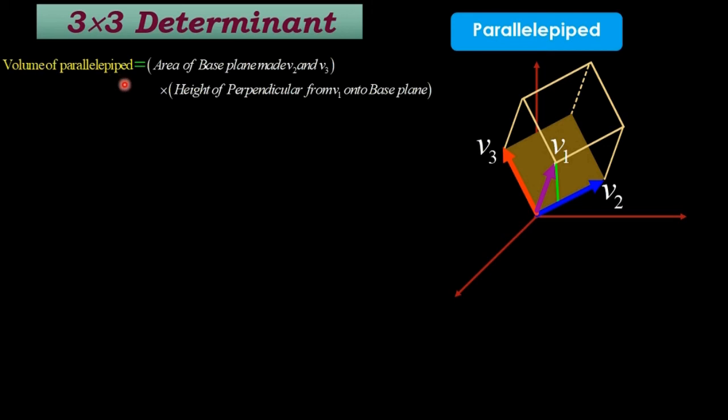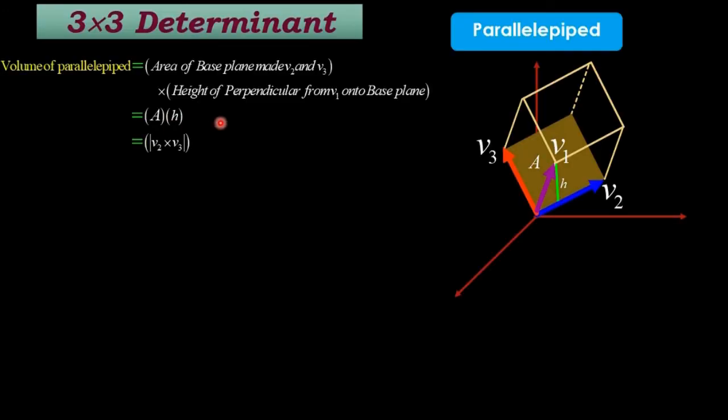Now the volume of the parallelepiped made by the vectors V1, V2, V3 is equal to the area of the base plane made by V2 and V3 into the height of the perpendicular drawn from V1 onto the base plane made by V2 and V3. Suppose the area of the base plane is A and the perpendicular height is H.